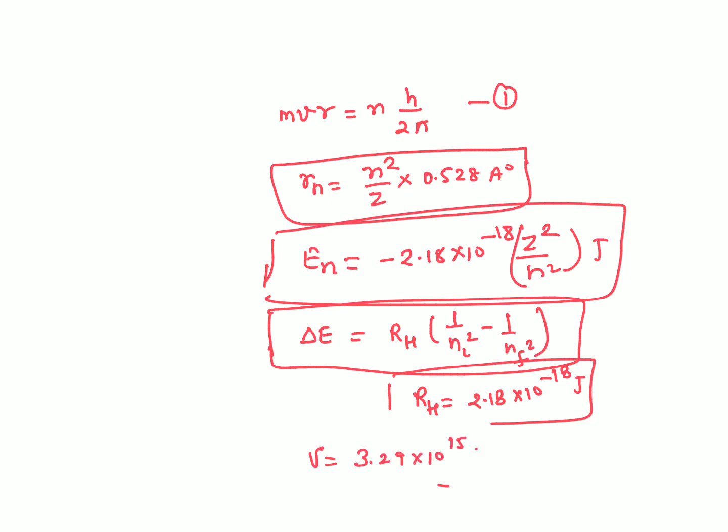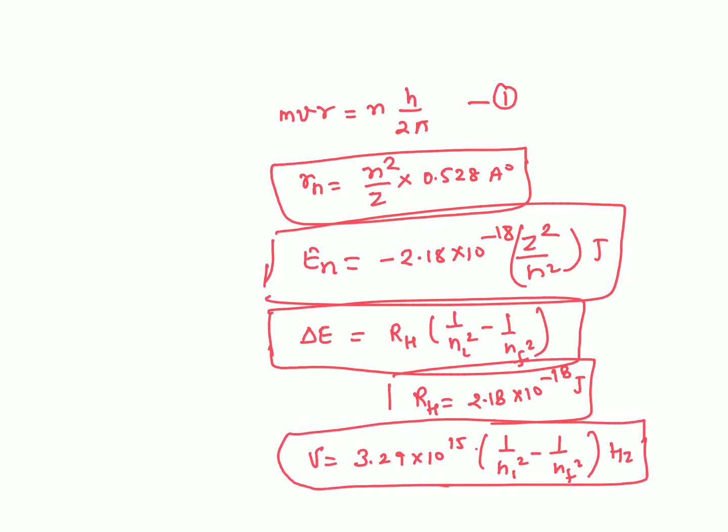So this formula is used to calculate the energy gap between the two orbits, and in order to calculate the frequency of radiation required, nu is equal to 3.29 into 10 to the power 15 into 1 by n1 square minus 1 by nf square hertz.